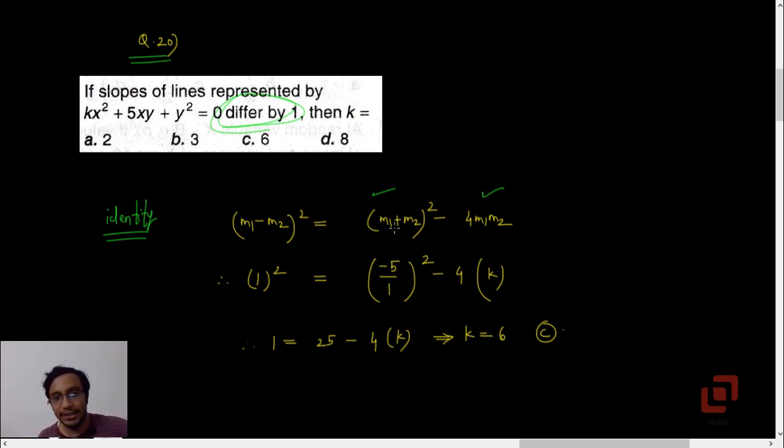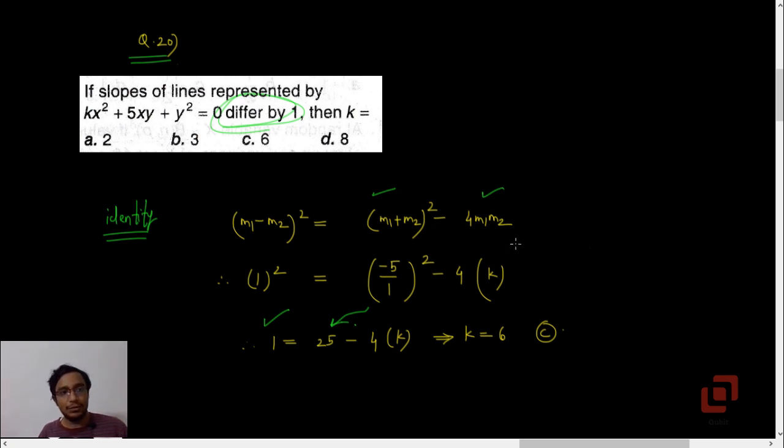m1 minus m2, bracket squared, is m1 plus m2, bracket squared, minus 4 m1 m2. Now the difference is 1, but because we don't know which one of them is the larger, let's square. So m1 minus m2 squared is 1. m1 plus m2 is minus 2h upon b. 2h is 5, b is 1, so minus 2h upon b will be minus 5, squared will be 25.